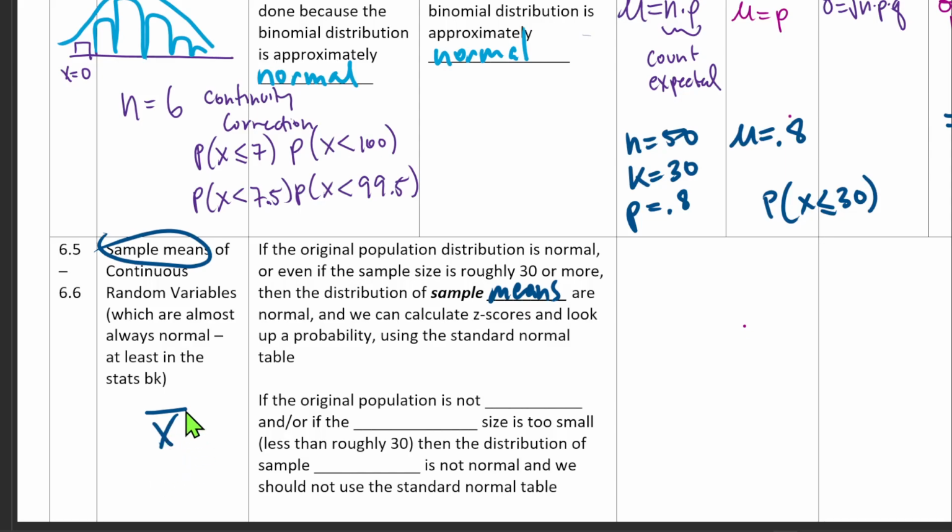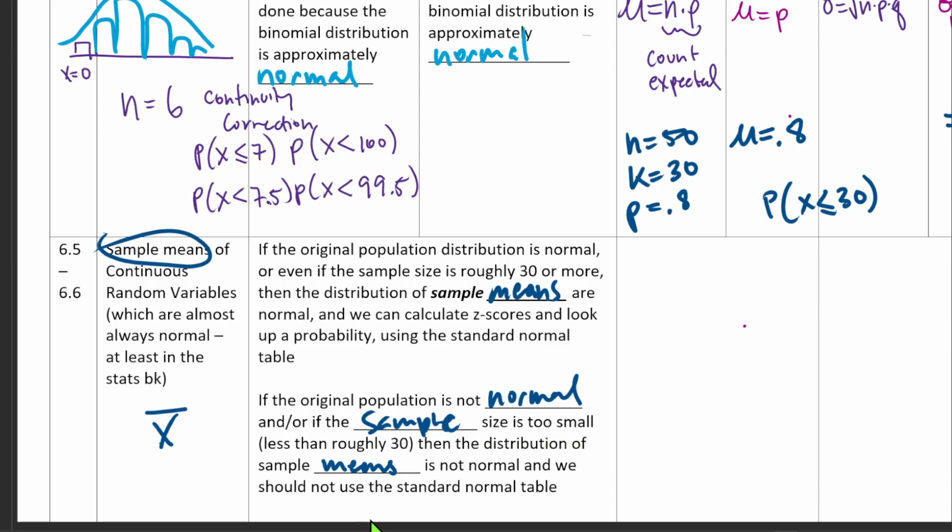You can do that many times. You take many samples. And the distribution of all the x bars is going to be normal. If the original population is not normal, and or the sample size is too small, so that means you have less than 30, then the distribution of sample means is not normal. And that only happens occasionally.